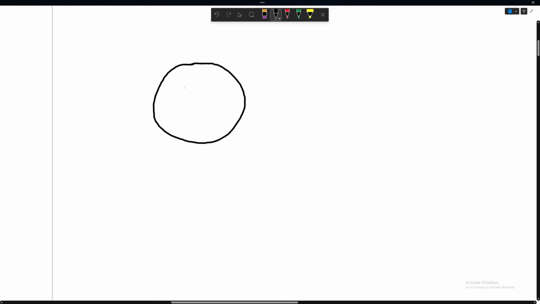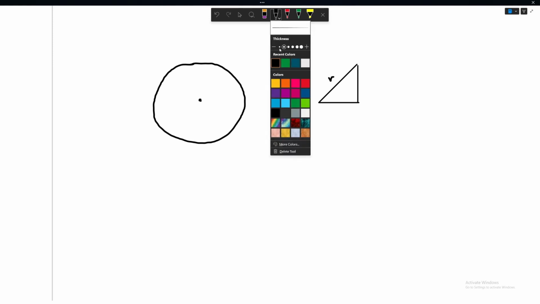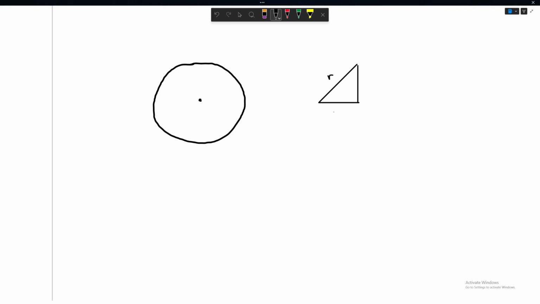So if I give you this circle, well, first, before I get to the circle, by the way, I found a new trick to make straight lines. Look at that. If I give you this, and I tell you this is r, then can you find me my x and my y?